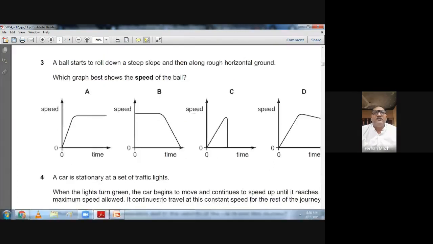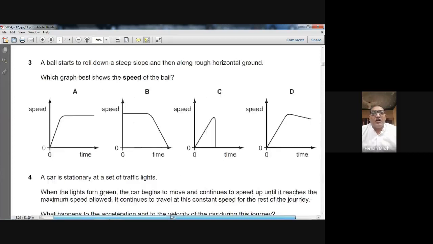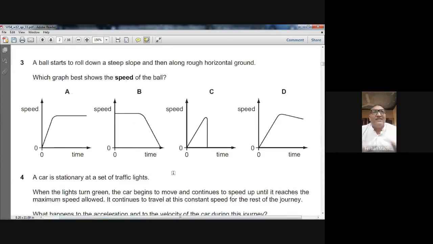Next question is question number 3, and it says a ball starts to roll down a steep slope and then along rough horizontal ground. Which best shows the speed of the ball? Because it's rolling down a steep slope, its velocity will increase, and then it will start rolling on rough horizontal ground, where its speed will slow down.